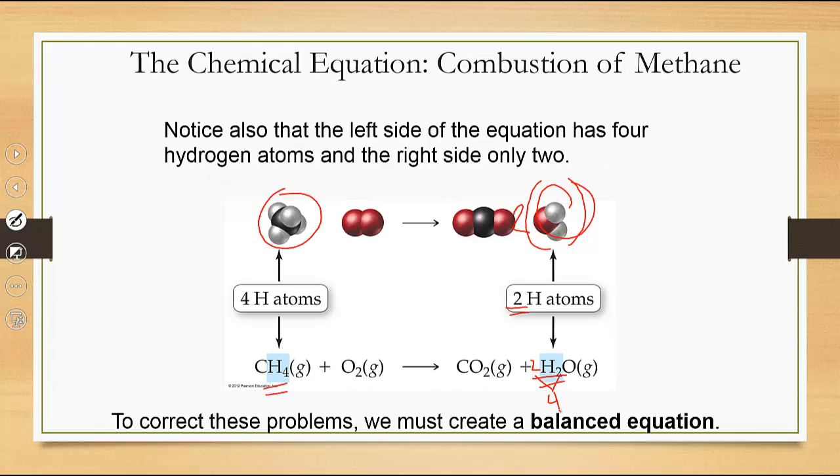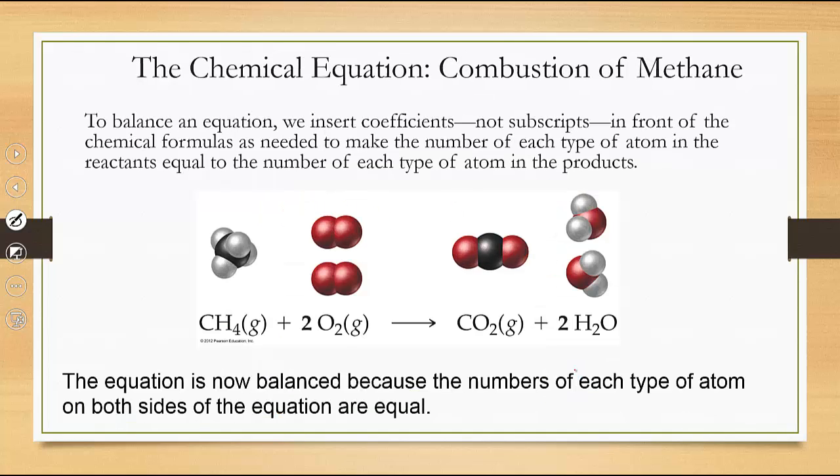We cannot just randomly put numbers in here. Once those subscripts are there, they have to remain there. They cannot change. What you can do is change the quantity of molecules. So here I have 2 H2O, meaning I have 2 water molecules. These numbers didn't change. They're both the same type of molecule. I had to do the same thing with the oxygen over here. We have 2 oxygens.